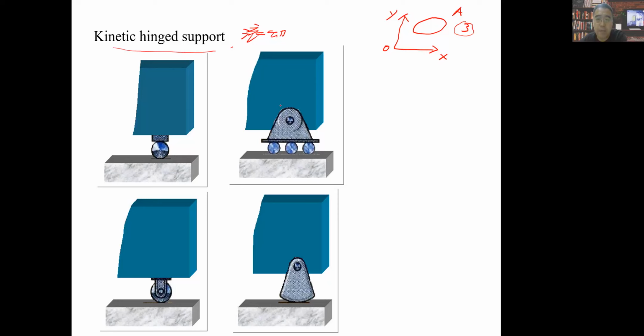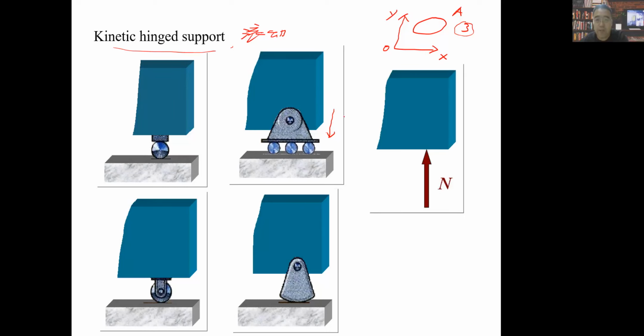That means this body can move along the x-axis, that is the horizontal line along this direction. This constraint will not prevent this kind of capable of movement, right? But if this body tries to move along the y-axis, especially along the minus direction of the y-axis, it will be prevented by this kind of support, right?